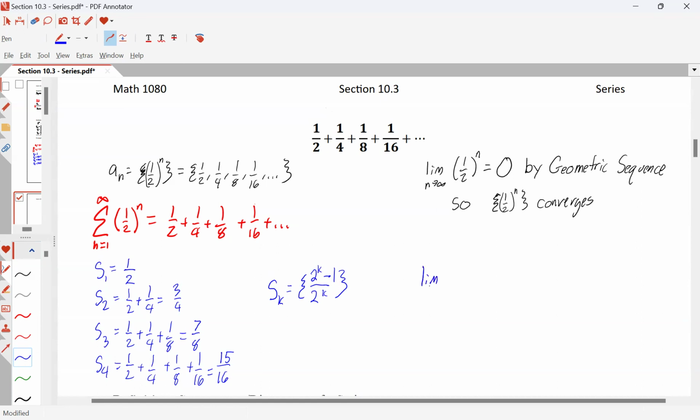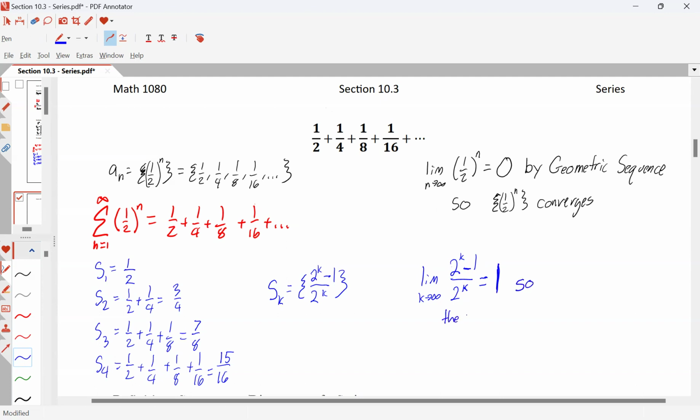If we look at the limit as k goes to infinity of (2 to the k minus 1) over 2 to the k, if we use some growth rates here, the growth rate that's the largest in the numerator and denominator is the same thing. So this limit actually works out to be 1.